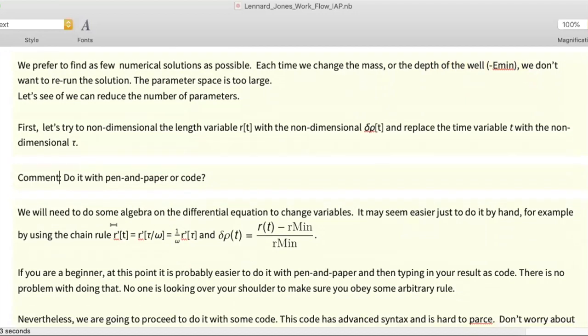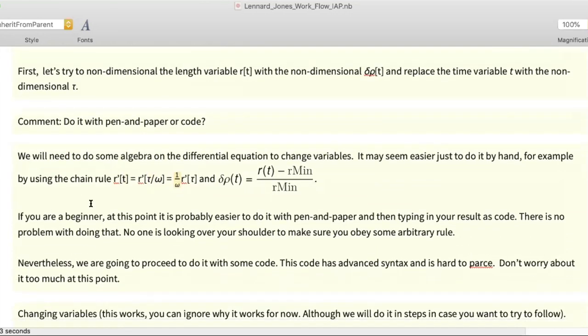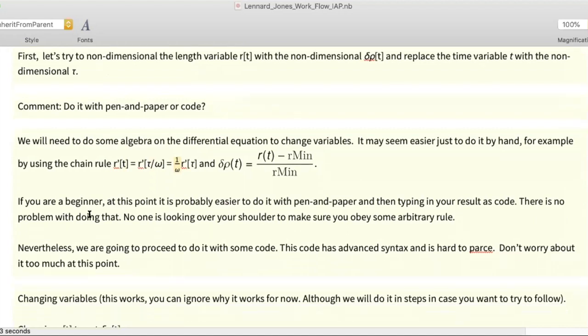In the differential equation, to move from this t parameter to this tau parameter, we're going to have to introduce this transformation of variables. And so every time we take a derivative, a 1 over omega is going to come out, right? So if you're a beginner, it's probably easier to do this with pen and paper than trying to do what I'm going to do next, okay?